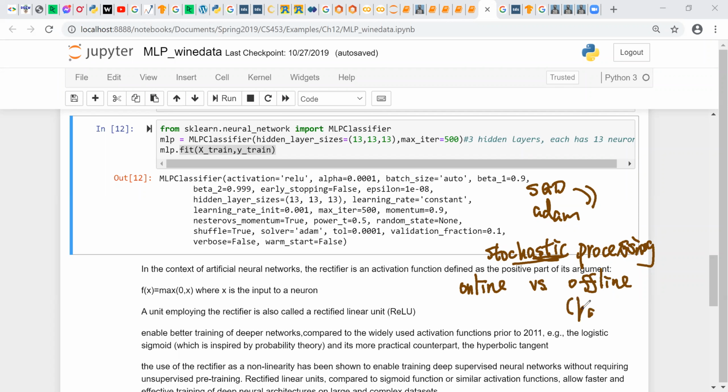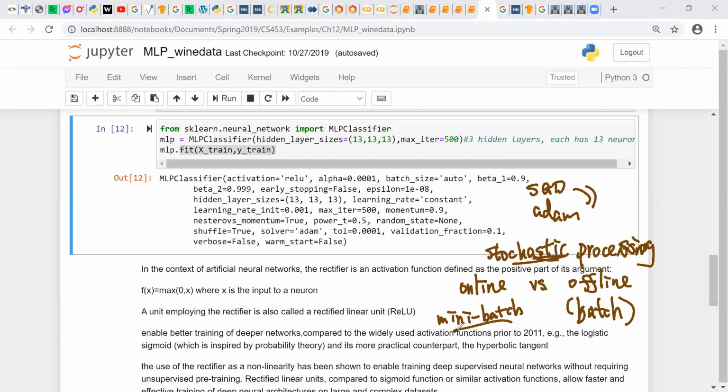Very good. So stochastic is online: it does not do the weight calculation with regard to the whole sample space, it uses a single sample to do the updates. Generally speaking, we do online or mini batch.